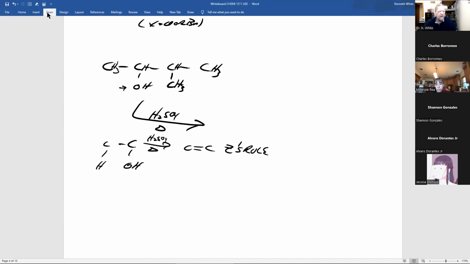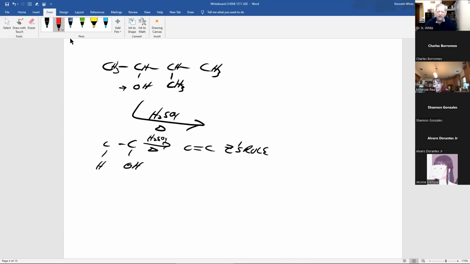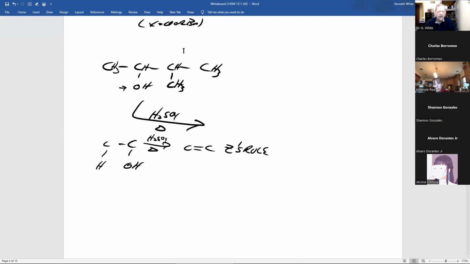Now, Zaitsev's rule: the carbon with the double bond with the most carbon atoms bonded to it is the product that you get. So here's our hydroxyl group. Adjacent carbons with hydrogens are here.